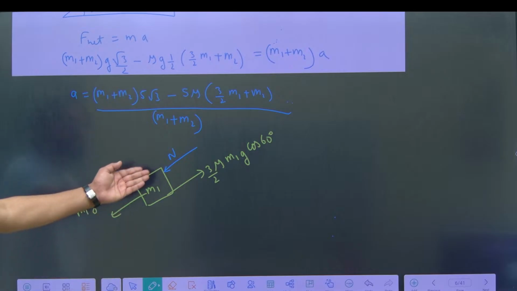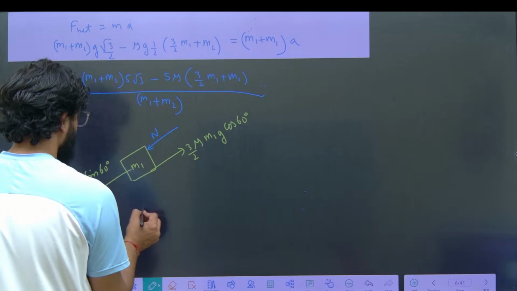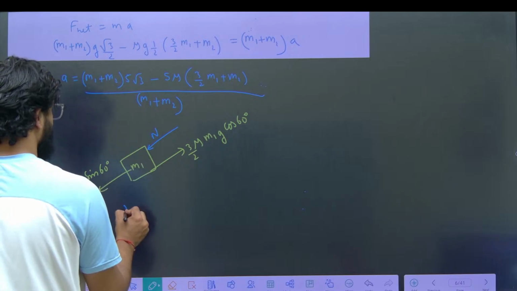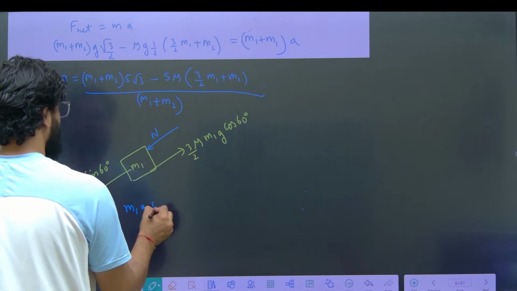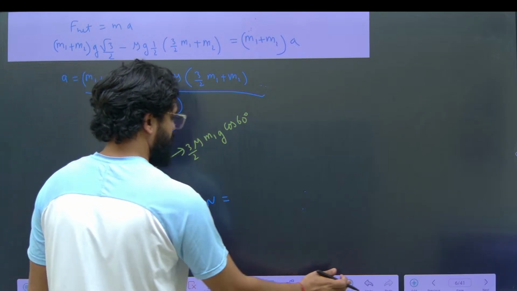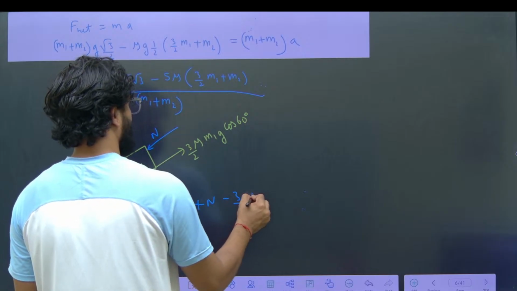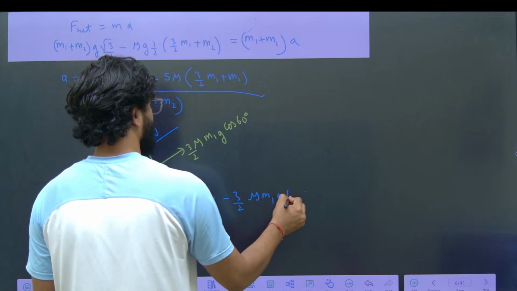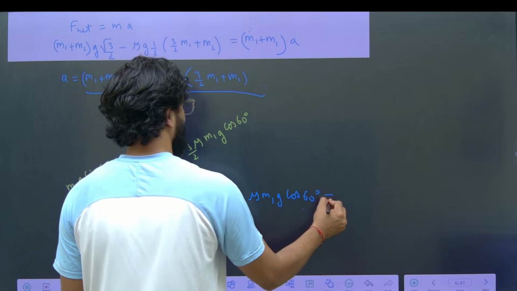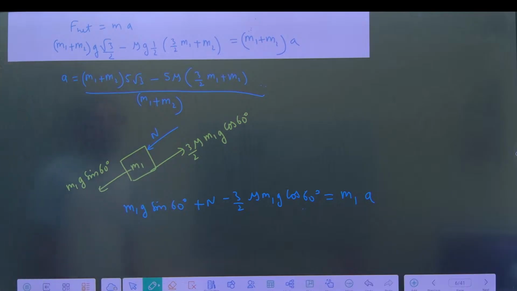Correct. So clearly by putting the values we can get the answer. Yes, so can we write m1g sine 60 degree plus N minus 3/2 mu m1g cos 60 degree equals m1a, right?